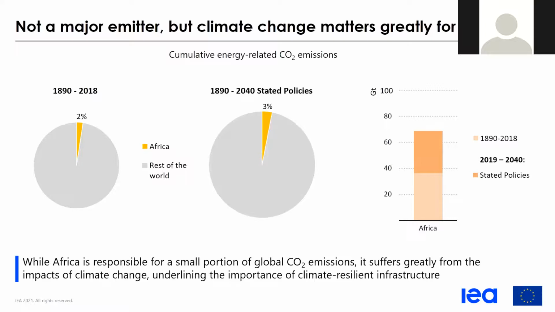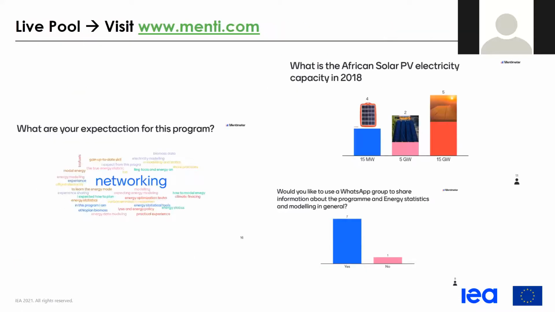But Africa is on the front line when it comes to the effects of a changing climate on the energy sector. Beyond the impact on cooling needs, climate change will also lead to increasing variability in generation output, notably hydropower. So planning and investment decisions for energy infrastructure need to be climate resilient.